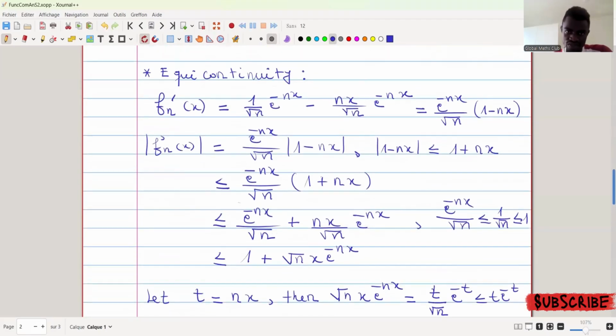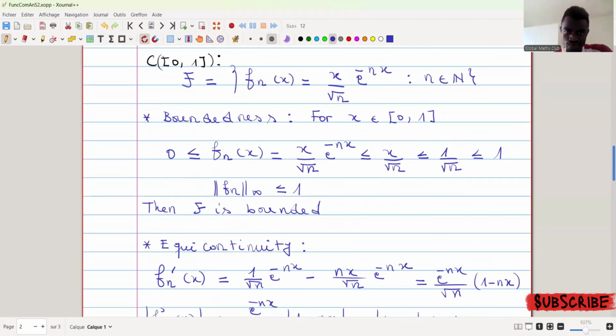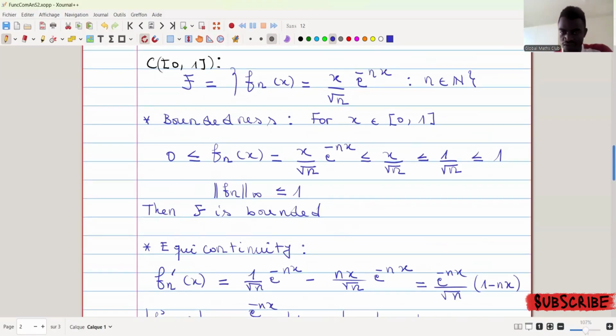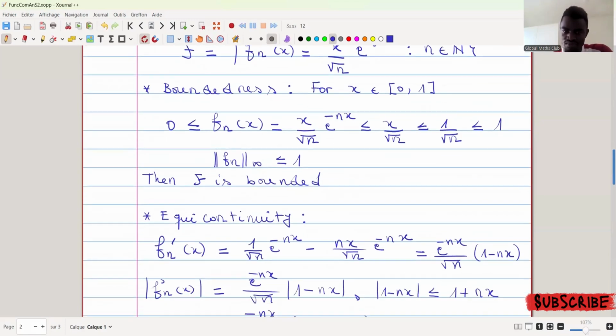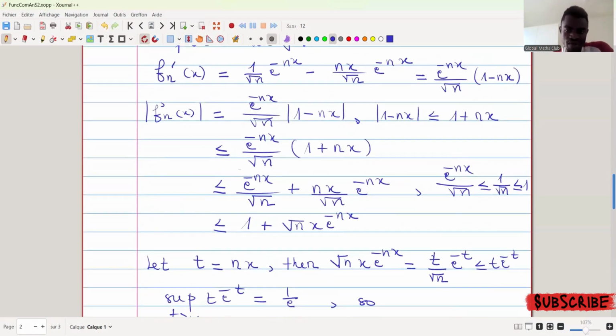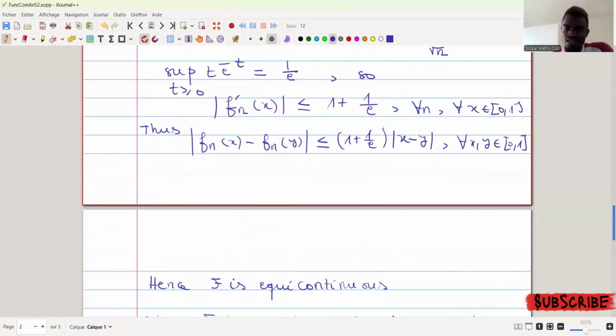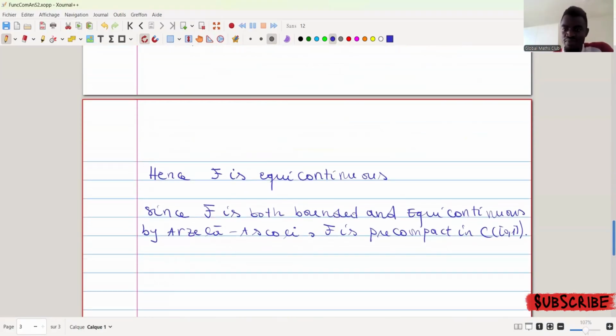So you see how it was very easy. The only thing was to show that the family of functions is bounded and it is equicontinuous. Then when you have shown the boundedness and the equicontinuity, you conclude that the family is precompact.